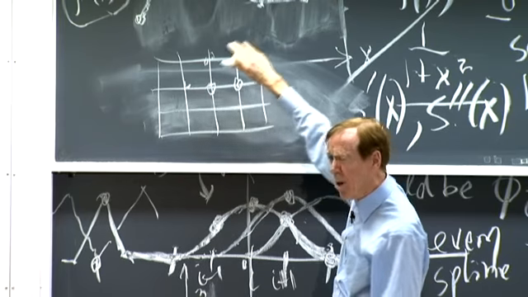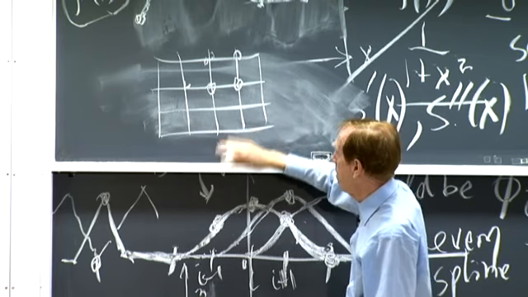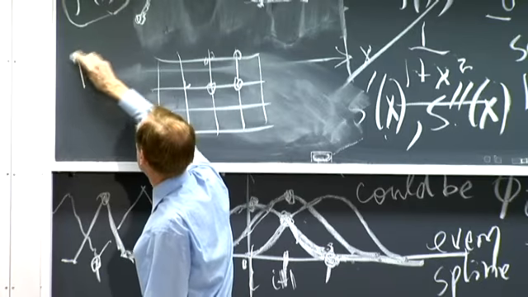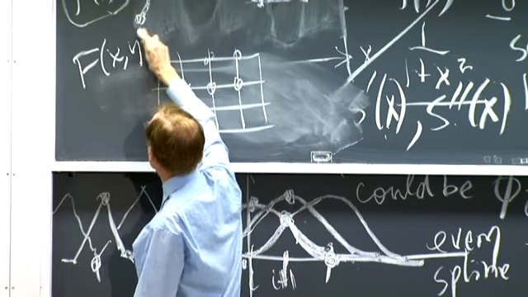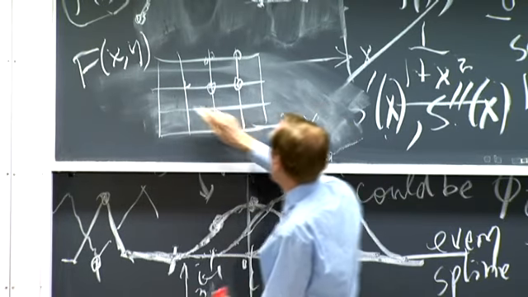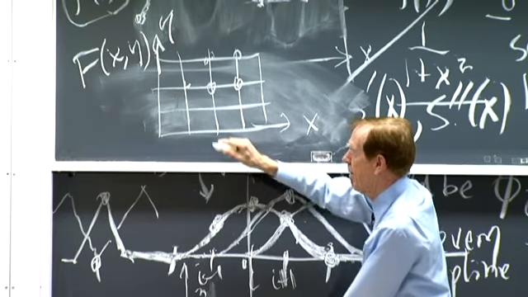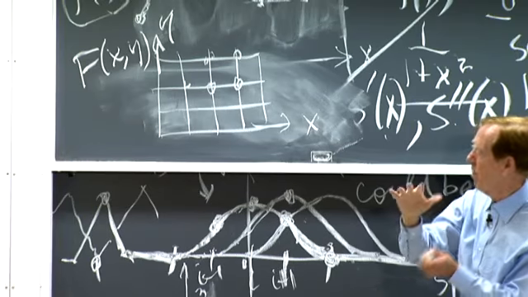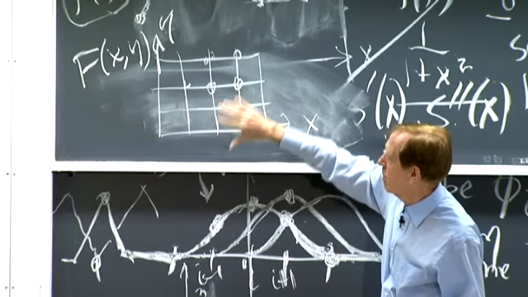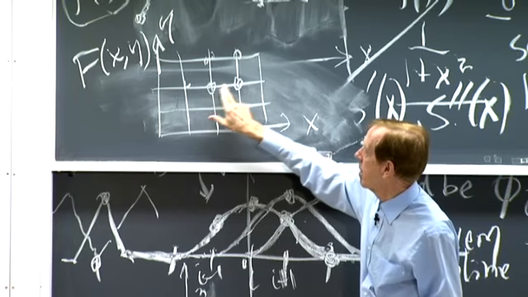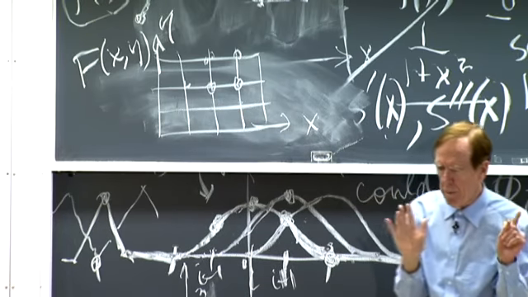Then I'm fitting a surface, a function of x and y. X is here, y is here, f is the surface coming out of the board in the third dimension. If they're regularly spaced like that, my life would be okay.